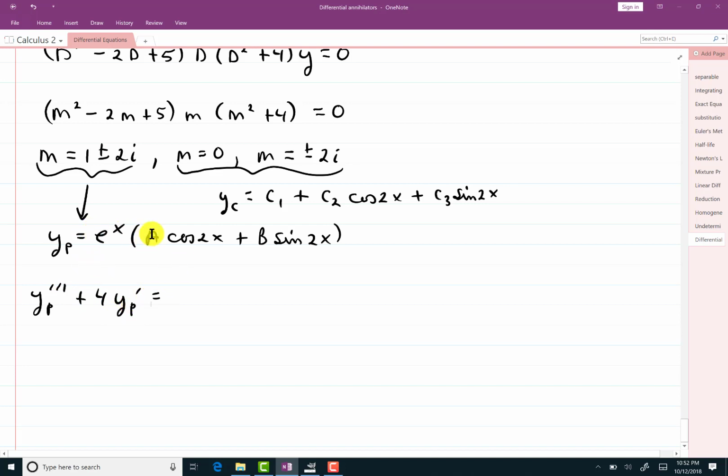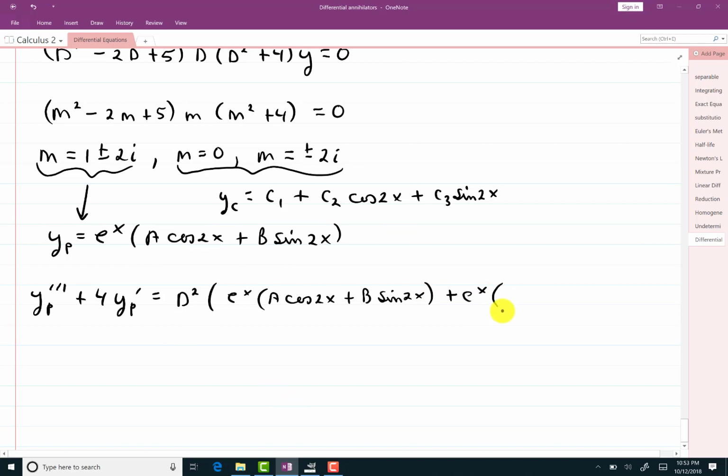I'm only going to do these one derivative at a time. So I'm going to have d squared, and then I'll go ahead and take the derivative of this stuff. You'll get e to the x, using the product rule, where e to the x is times this whole factor, a cosine of 2x plus b sine of 2x, plus e to the x. Now I'm going to take the derivative of the stuff inside of there.